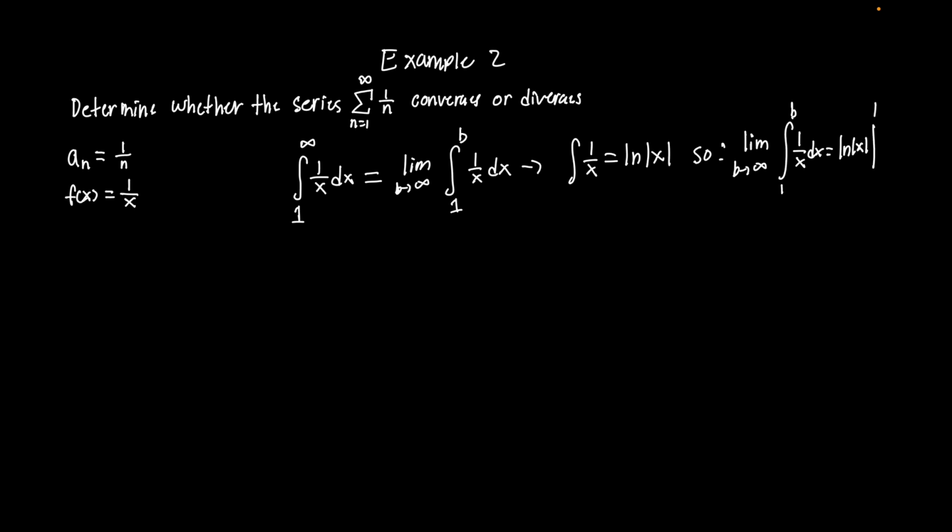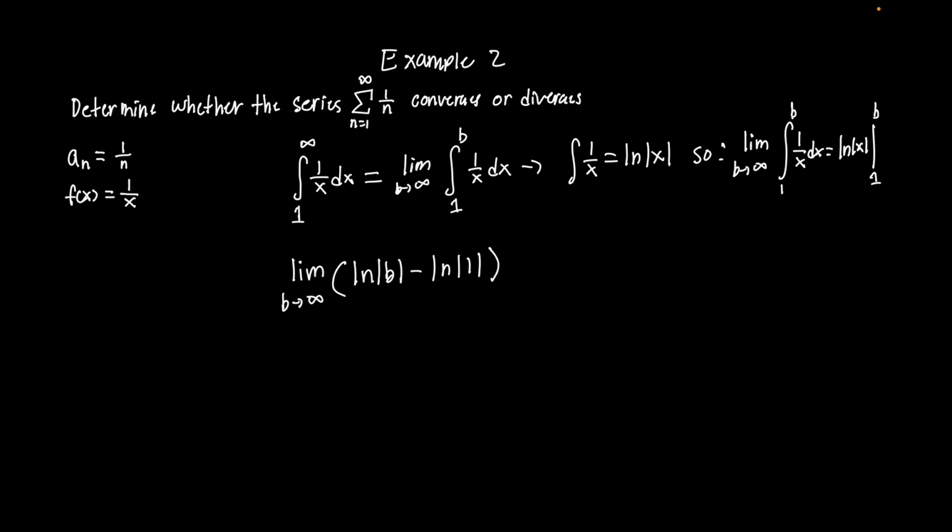I'm going to evaluate this from 1 to b. So now we can plug in the bounds. This is going to be the limit as b approaches infinity of natural log of b minus natural log of 1.